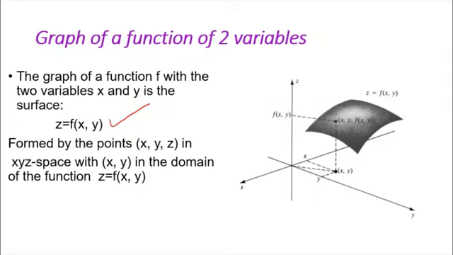This will give us points (x, y, z) in xyz space, that is, the three-dimensional space, and any function given in the form z = f(x, y) can be drawn like this in a graph. It can be a surface, it can be a curve, it can be anything in the three-dimensional xyz space.